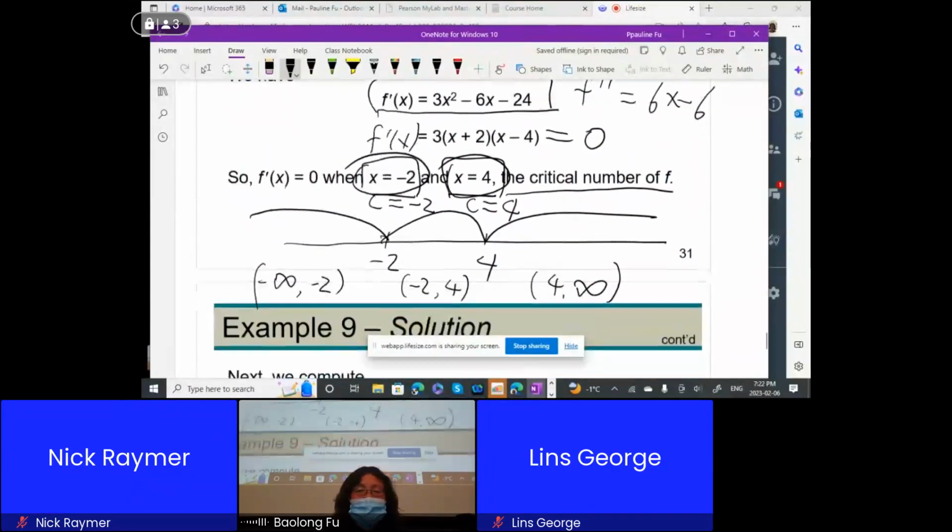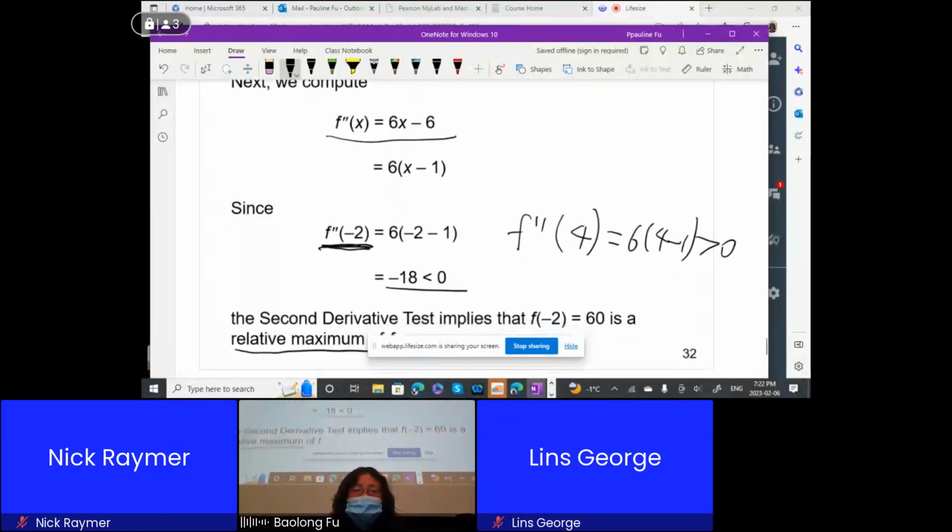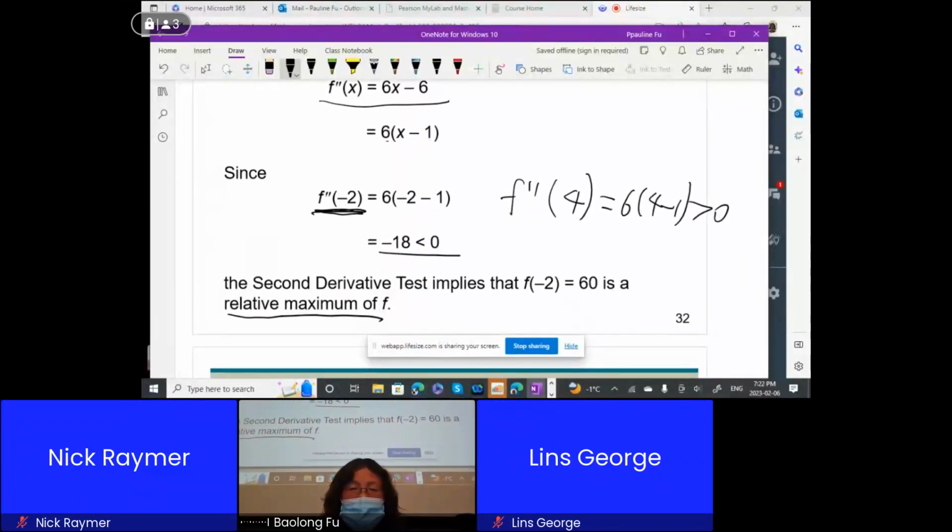Okay. So when c equals 4, we need to figure out the second derivative at 4. 6 times 4 minus 1, this number is greater than 0. That means f(4) is a relative minimum.